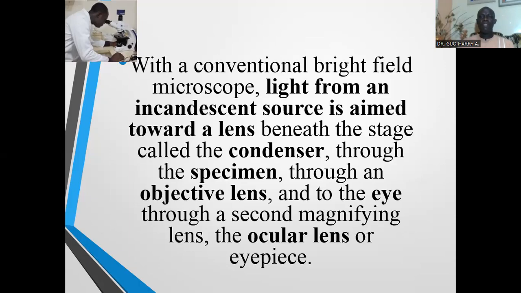With a conventional bright field microscope, light from an incident source is aimed towards a lens beneath the stage called the condenser, through the specimen, through an objective lens, and to the eye through a second magnifying lens. That's called the ocular lens or the eyepiece.